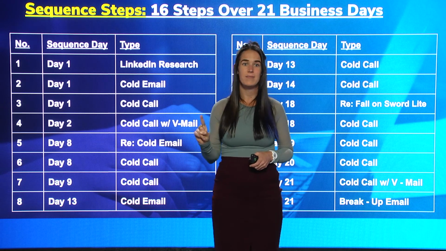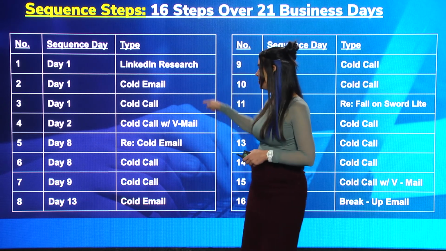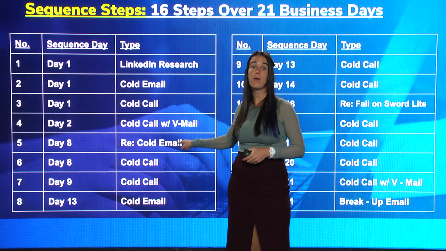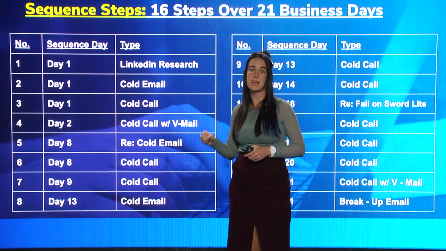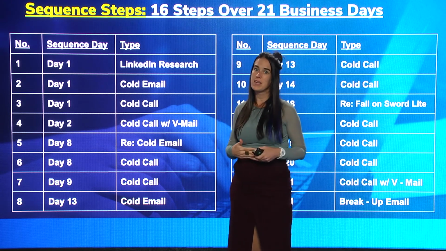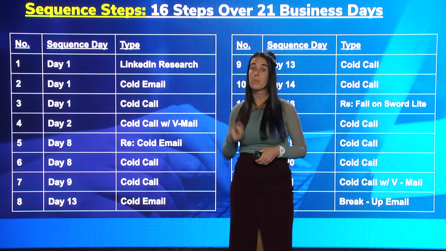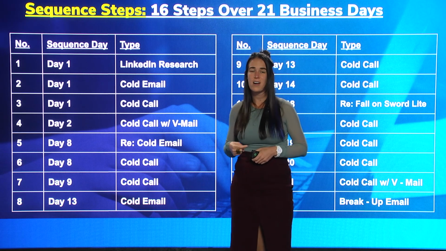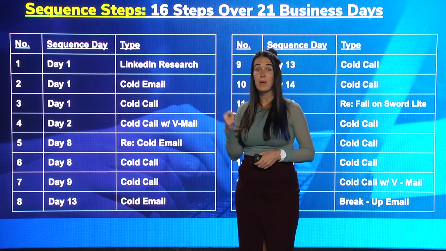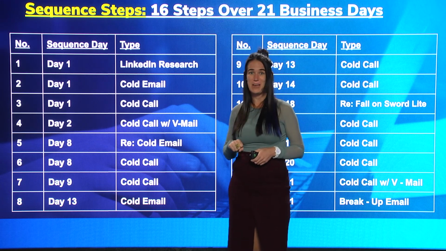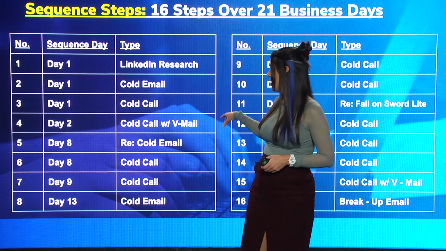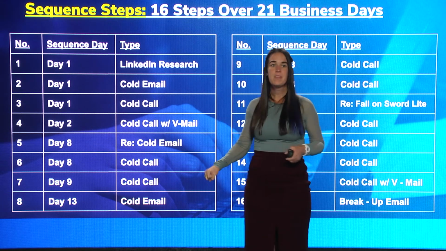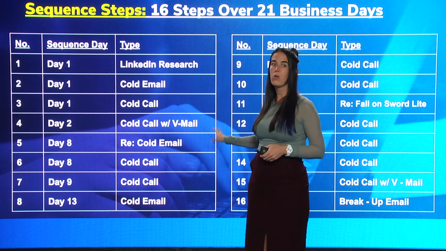That is pod 1. The second pod, there is a 6-day delta from pod 1 to pod 2 in terms of business days. So you want to be a little lighter in the beginning so that they get to know you and that you're the person who showed up knowing who they are. So you're different than 99.9% of all the other reps out there. And the second pod is going to start on day 7 and basically it's going to be cold email, cold call, cold call.